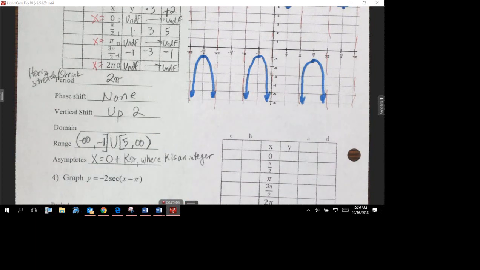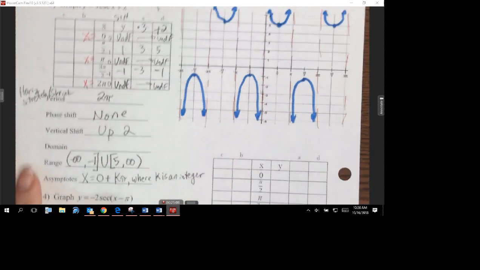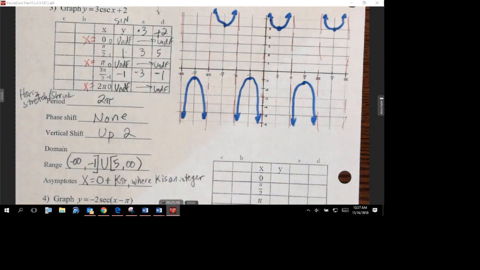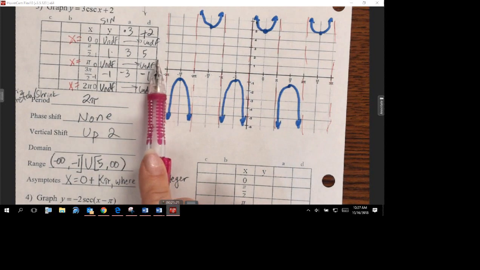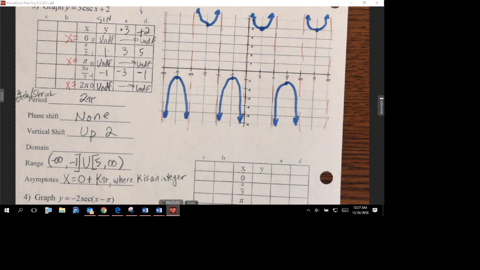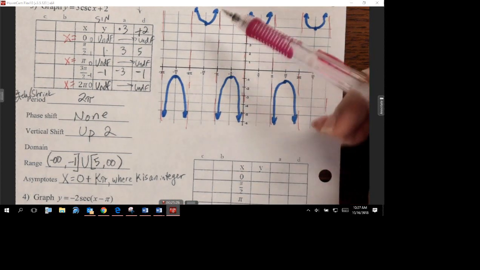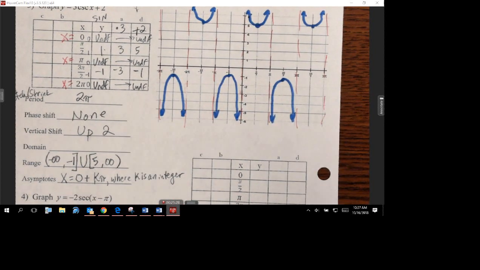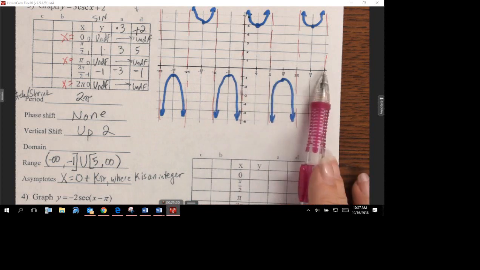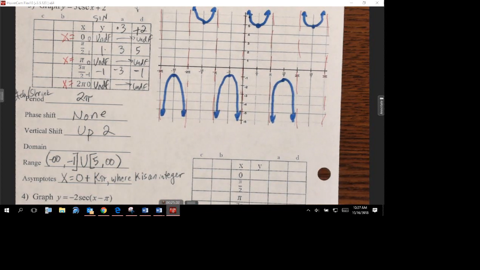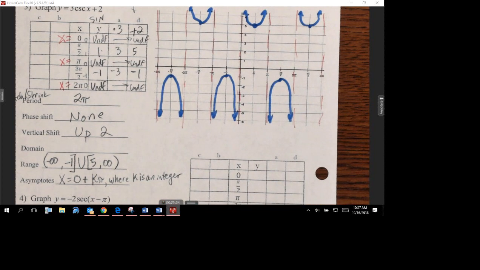We're going to write it in a different notation, which is like set notation, and you guys are going to help me figure this out. It's every single x except what? If I look here, the blue part is the x's that are graphed. My red asymptotes are where it's not graphed. So to summarize, it's every single x left to right except what? The asymptotes. Every x except the asymptotes.